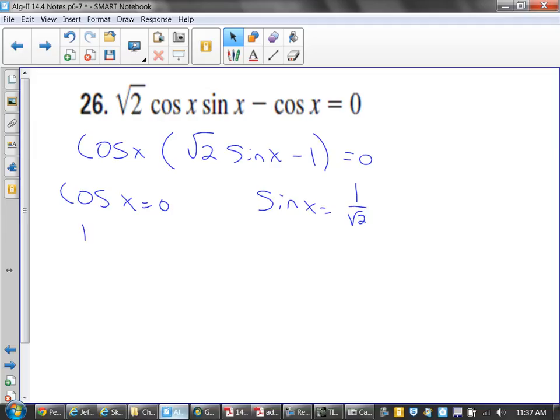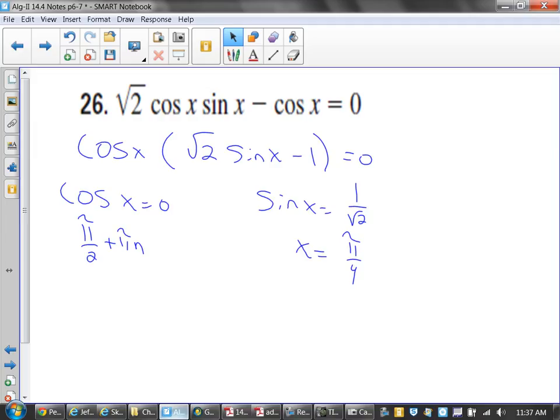It was at pi over 2 plus pi n. We just did that from the previous problems. We knew it was going to be pi over 2, 3 pi over 2, and so on and so forth. On the other one, what triangle am I looking at to get 1 over root 2? 45. So I know the x value is going to be pi over 4. This 45-degree angle is always going to be sine value 1 over root 2.